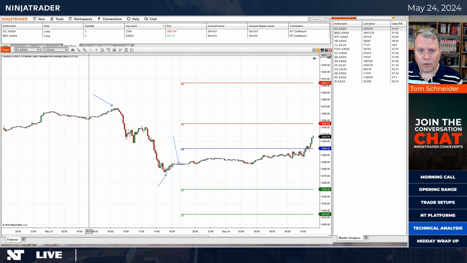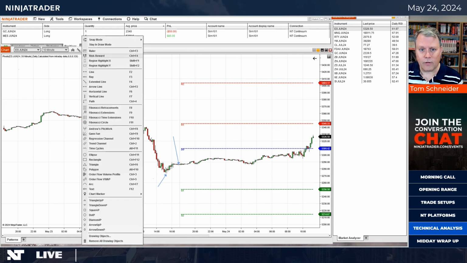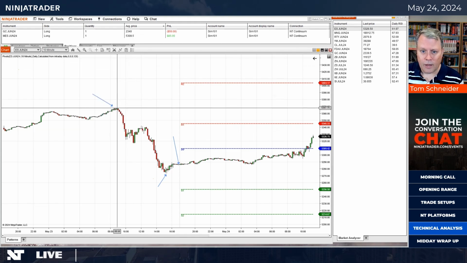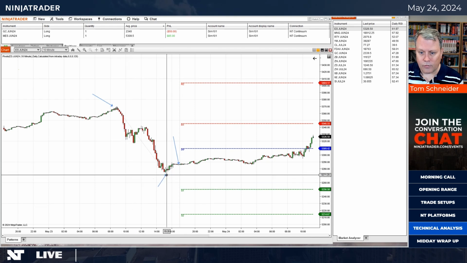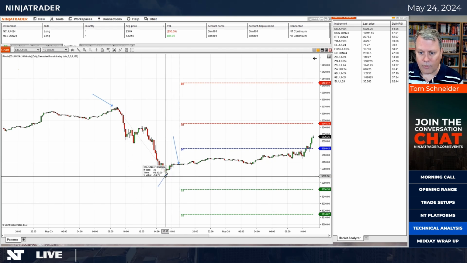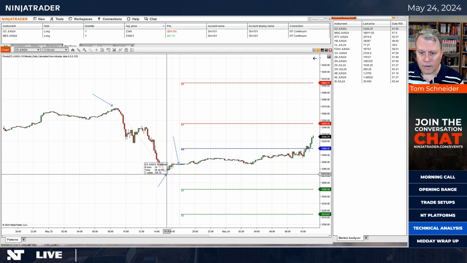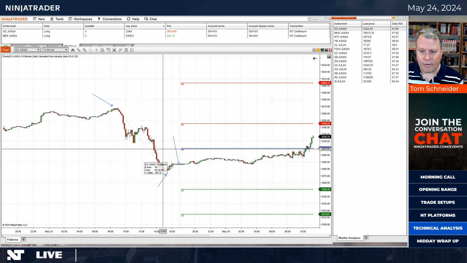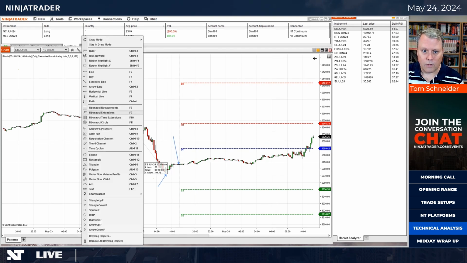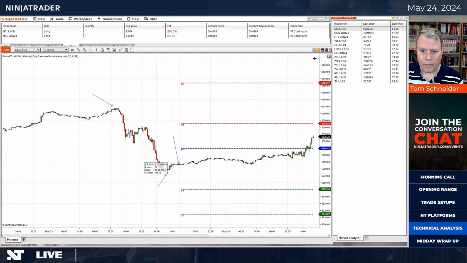Very simple. So if I look at the path tool, no, let's use the ruler rather. Here's this move. That was, let me see, almost 95 handles. That's going to be the same distance from the pivot to R2. Let's get that ruler up again.